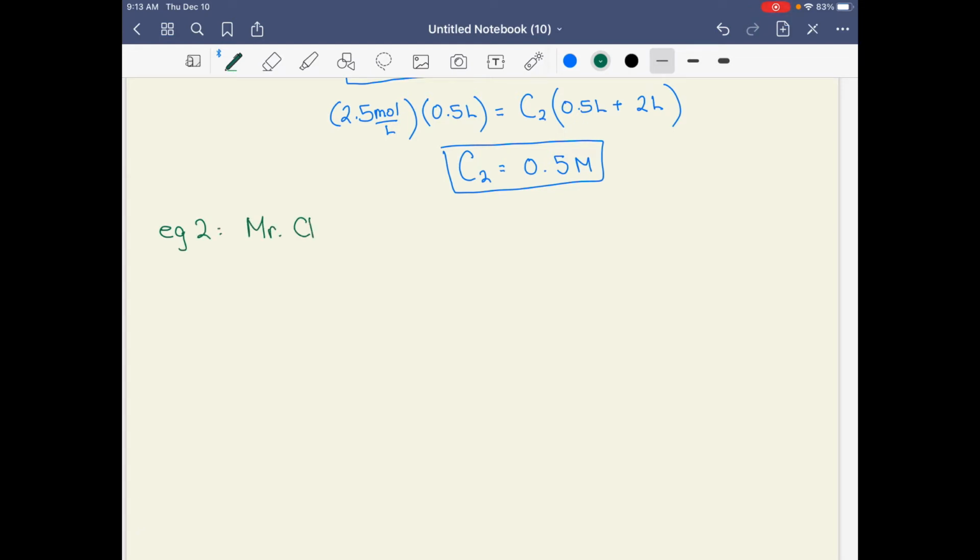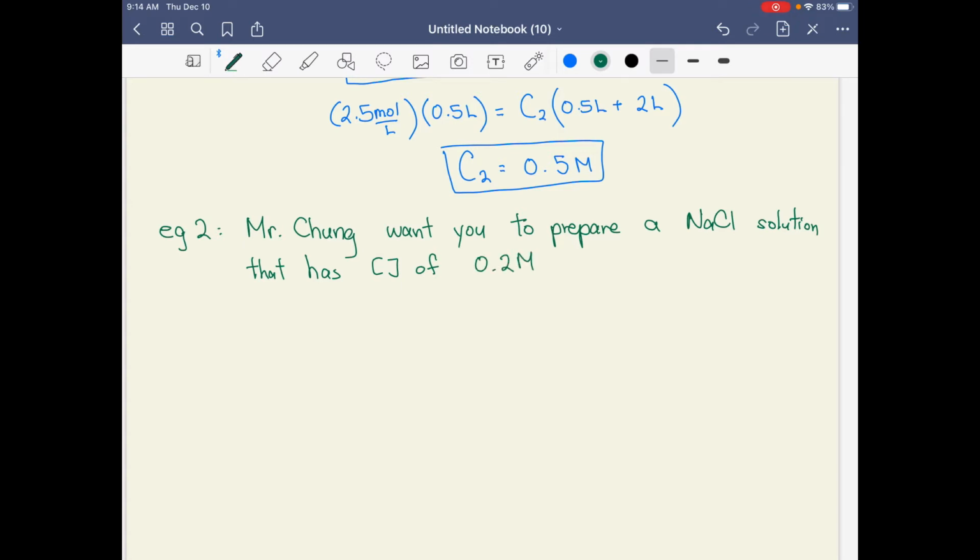Mr. Chung wanted you to prepare, I guess, an NaCl solution that has a concentration of 0.2 molar and, I don't know, 3 liters.